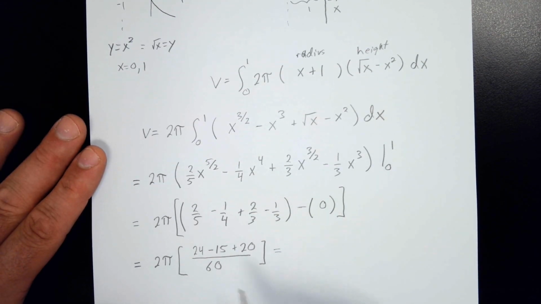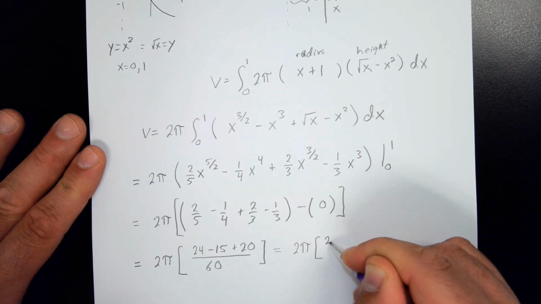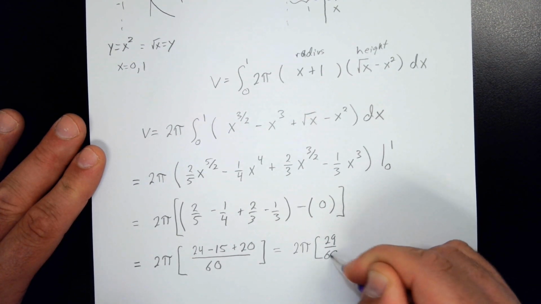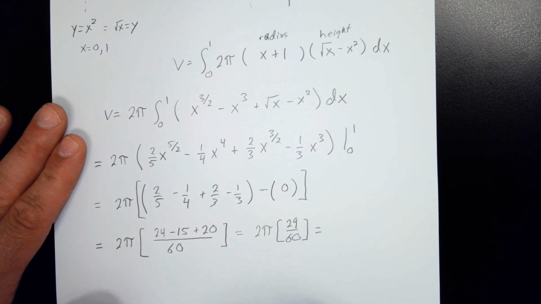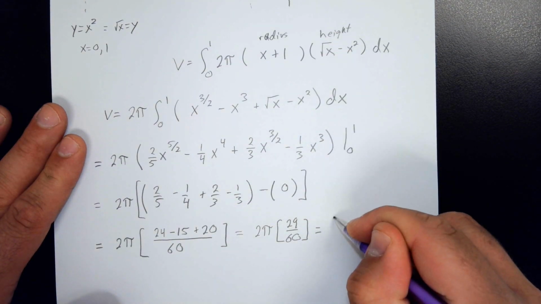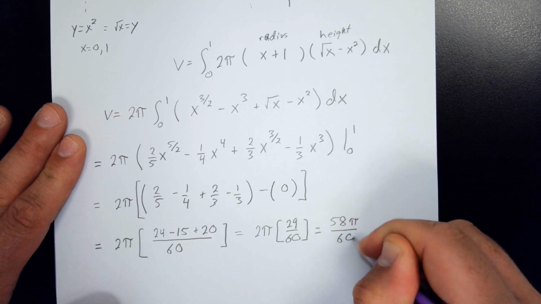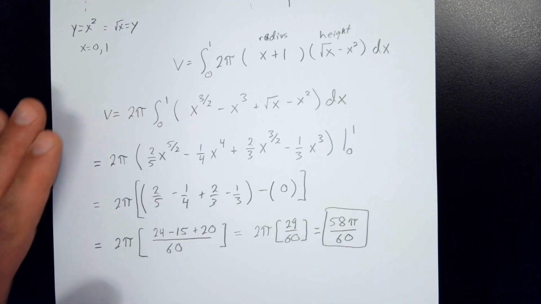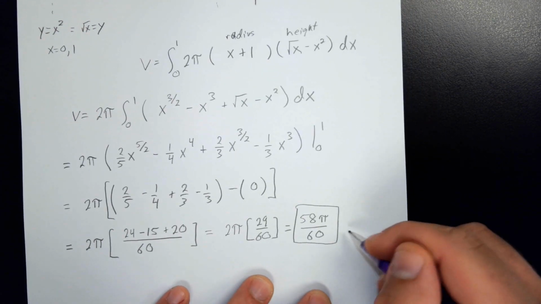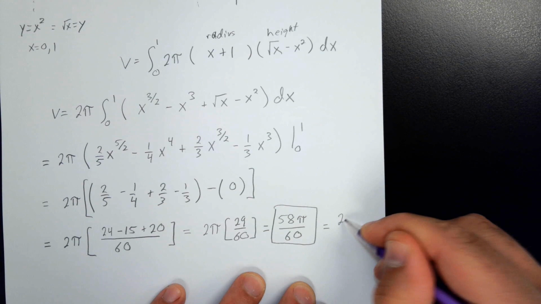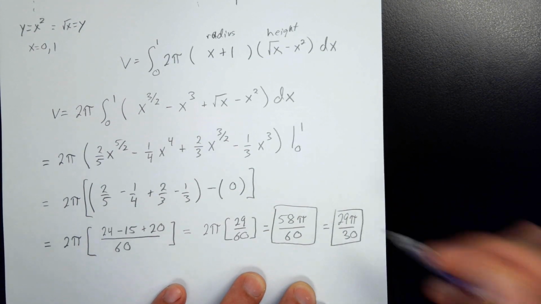So I've got 2 pi times 29 over 60. Or to finish this one up, 2 times 29 would be 58, so 58 pi over 60 would be the final answer. I guess I could cancel out that 2, and make it 29 pi over 30. Either way is fine.